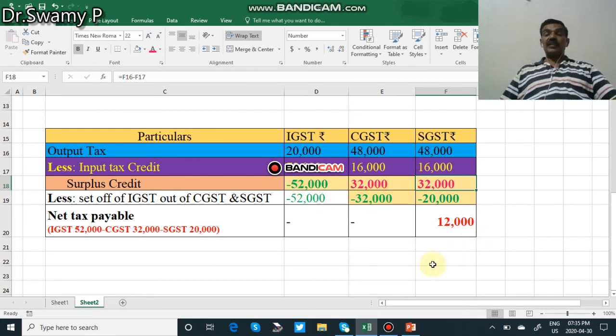Now let us go to the order. The surplus of IGST, 52,000 rupees, will be adjusted first against CGST. So out of 52,000, 32,000 rupees credit is adjusted first, and the remaining amount is 20,000. Only 20,000 can be adjusted against SGST.